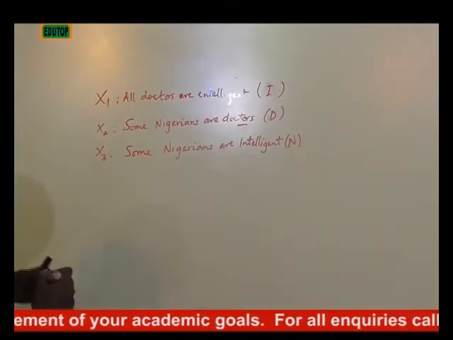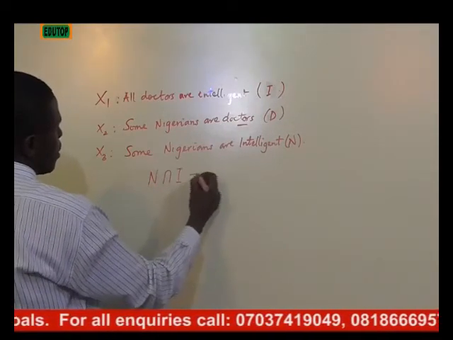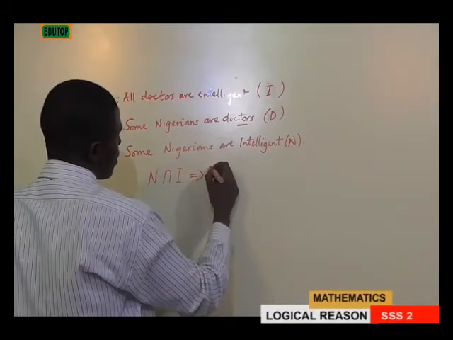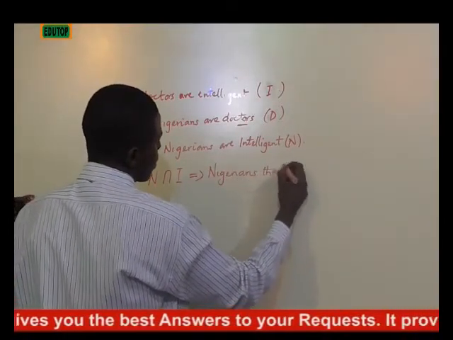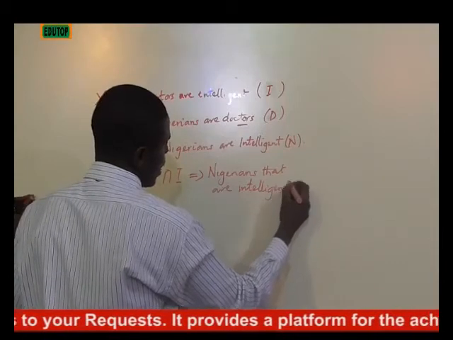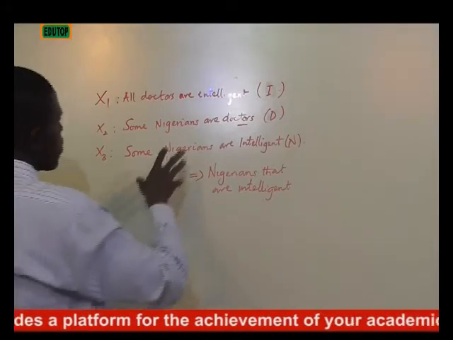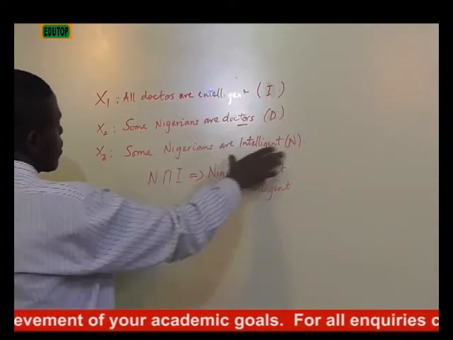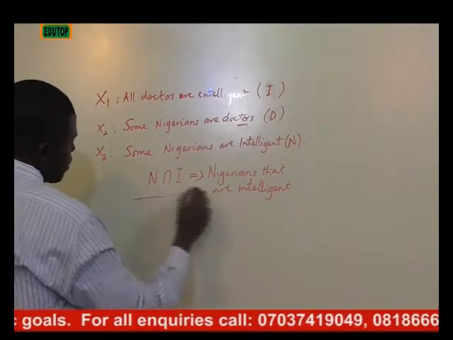By so doing, it can be deduced that N intersects I. This implies that the Nigerians that are intelligent follow from the premises X2 and X1.